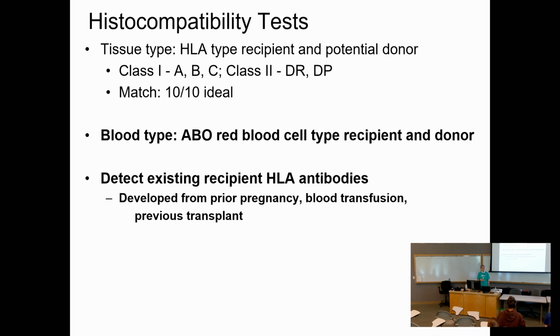And so prior to the use of Epogen to stimulate red blood cell production in kidney patients with end-stage kidney disease, a lot of times the patients who were potential recipients also had a lot of HLA antibody because the blood transfusions that they got to maintain their hemoglobin level also gave them a lot of lymphocytes that have HLA antigens on them, so they develop antibody against those.